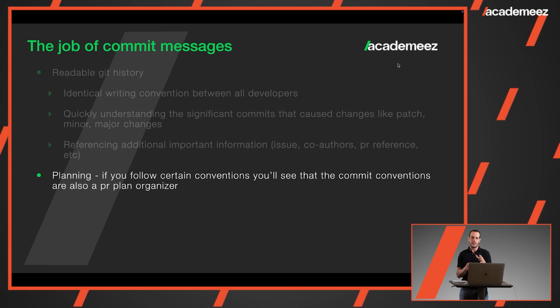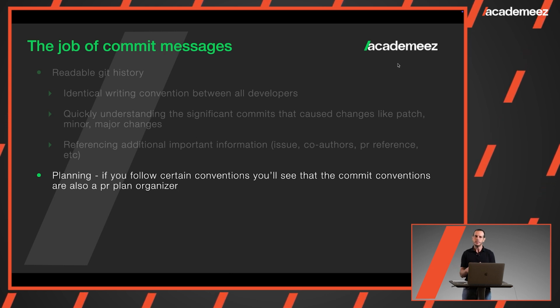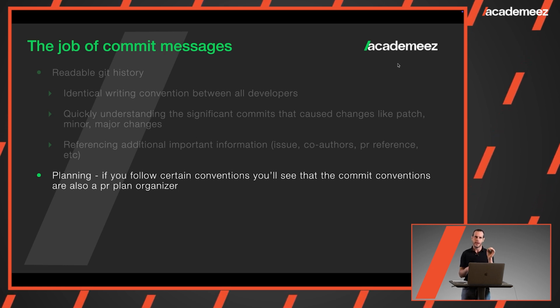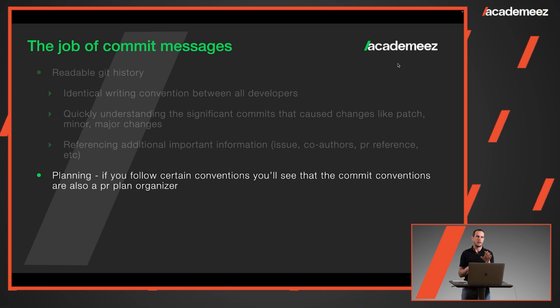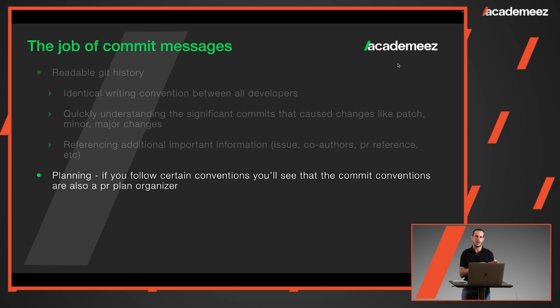Now, why am I saying this? Because when I start work and I have a plan, I start splitting, maybe I stack my PRs according to a certain plan, and I start coding, and then I start to write those commit messages like feature, fix, breaking change. Often when I write them, it makes me rethink my plan, because a lot of the time those fixes or features can stand in their own PR.